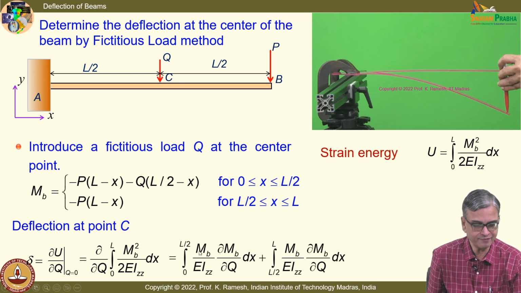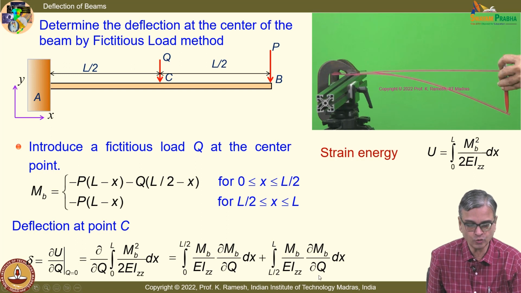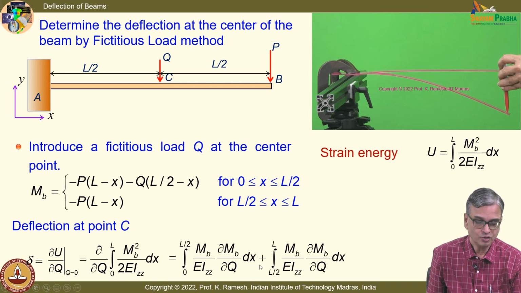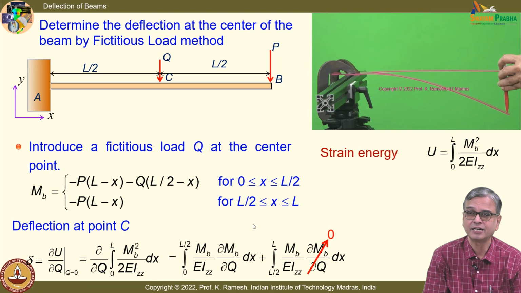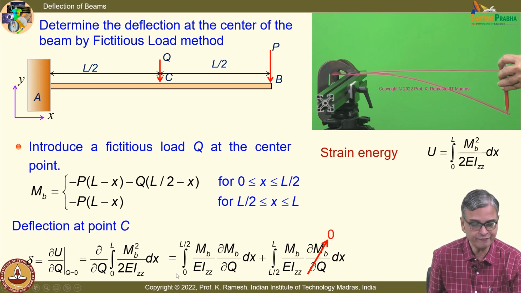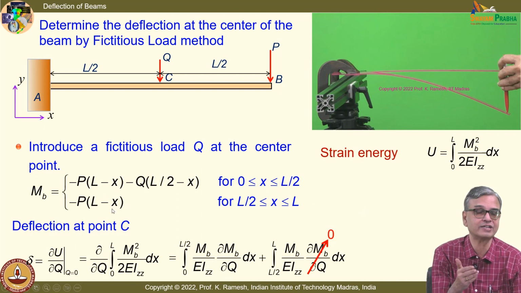So, when I differentiate it, I will have this as 0 to L by 2 M_b divided by EI_zz dM_b by dQ dx for the first section, and for the second section L by 2 to L M_b by EI_zz dM_b by dQ into dx. You can very well see in the second, M_b is not a function of Q. So, this is going to be 0, fine. So, I can simplify it in the expression itself without getting into the actual differentiation. So, I have to find out only for this section these expressions, and you know what is M_b. So, that you can straightforward do.